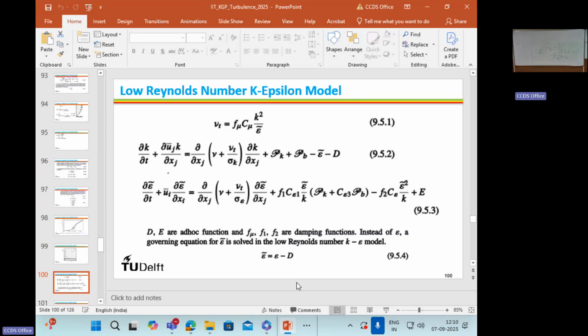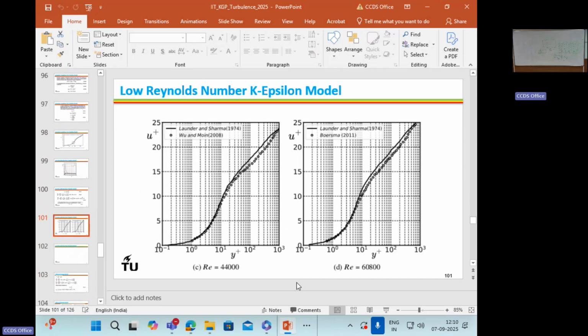So they define epsilon minus epsilon D, right? But how this D, E and F mu look like, there are again 30-40 models to do this. This is not a simple thing. I'll show you. There is the K epsilon Launder Sharma model, there is the Lam-Bremhorst model.